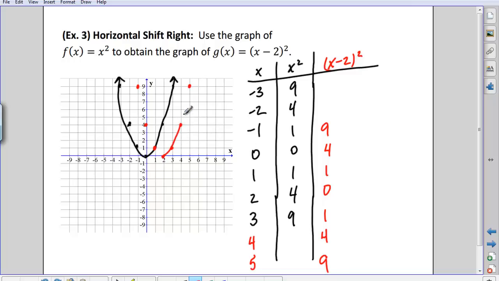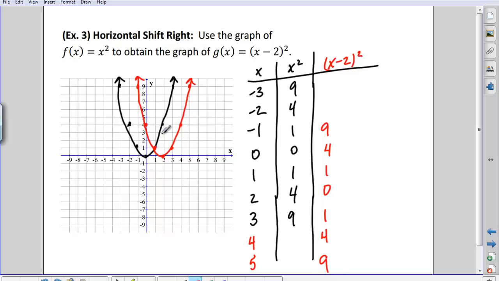Look at there. Got a parabola, but it's been moved to the right. And how far did it get moved to the right? Well, this point here was at x value 0. This one's at x value 2. Notice this, all these points got shifted 2 values to the right.